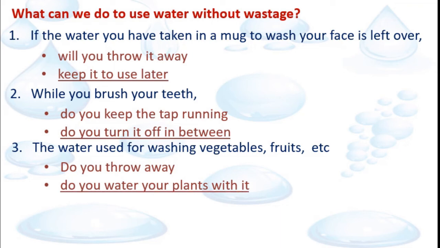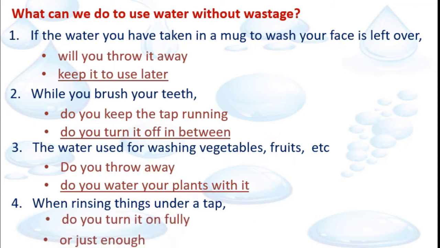Yes, you are right. We use that water to water the plants, correct? Fourth one, when rinsing things under a tap, do you turn it on fully or just enough? Correct? Yes, how much we need, that much only we will use. Right?